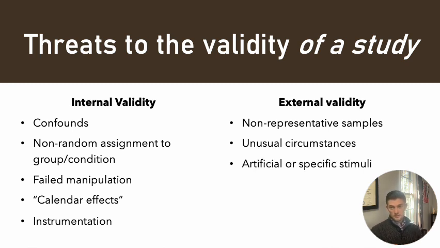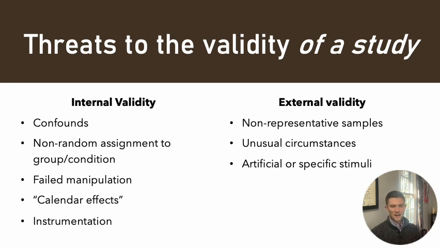Artificial or specific stimuli are another potential threat. So if you're doing something in the lab and you're trying to manipulate something and you're just using these really kind of artificial ways of doing that don't reflect the way it really works in the real world. For example, sometimes people will study aggression using hot sauce measurement.